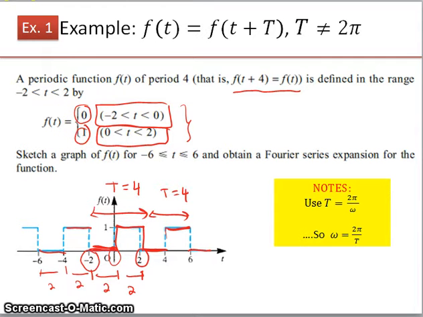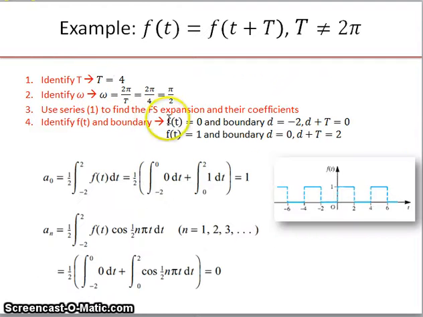First of all, we have f(t) equals 0 when the boundary is from -2 to 0. And the second function is f(t) equals 1 where the boundary is from 0 to 2. So it means we need to consider both of these functions.